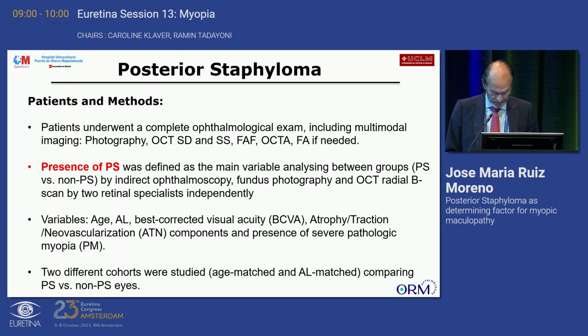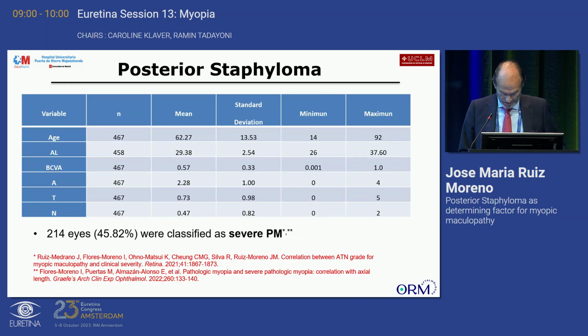Variables were age, axial length, best corrected visual acuity, atrophy, traction, neovascularization components, and presence of severe pathologic myopia. 2 different cohorts were studied, age-matched and AL-matched, comparing posterior staphyloma versus non-posterior staphyloma eyes.